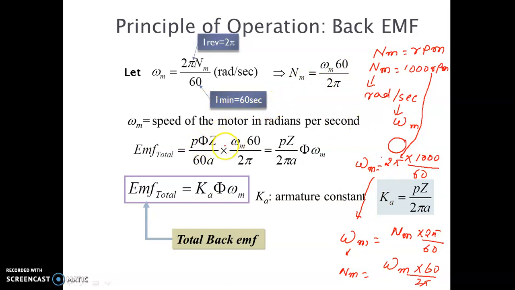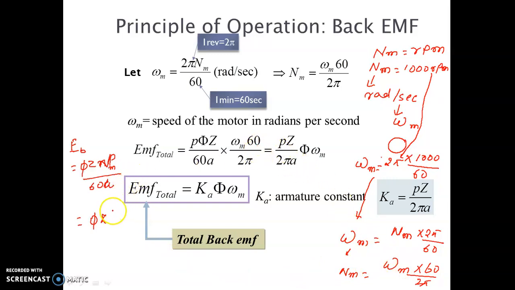So whatever value you have here, the relation for the EMF, or back EMF, EB, equal to Phi Z Nm P by 60A. This is the final relation. So in Phi Z Nm, you can put this value, converting Nm into omega.